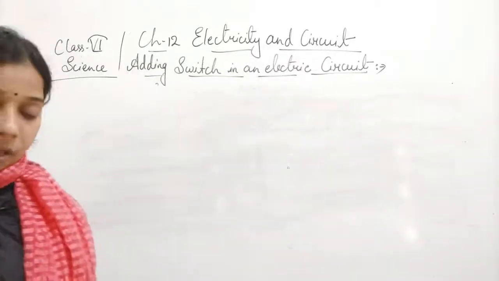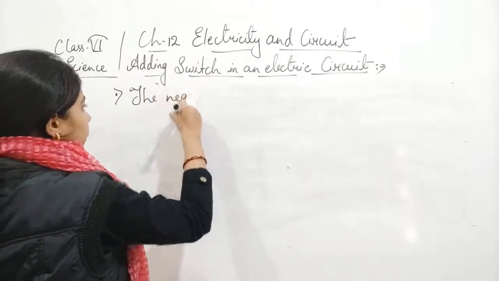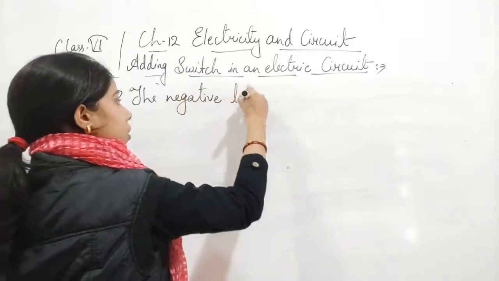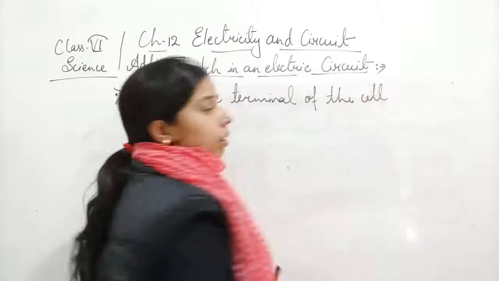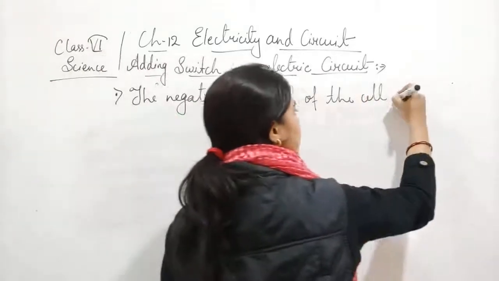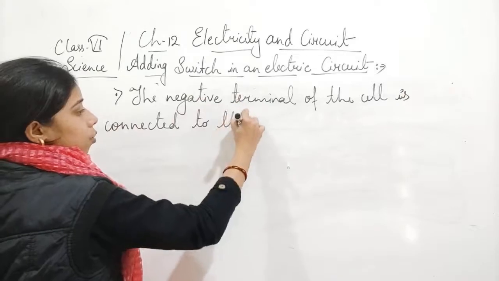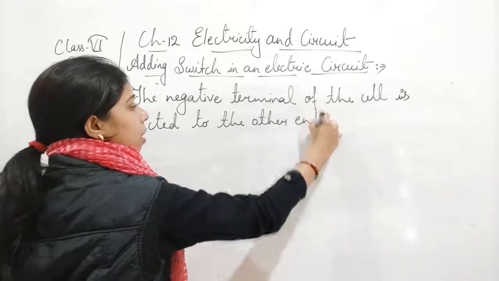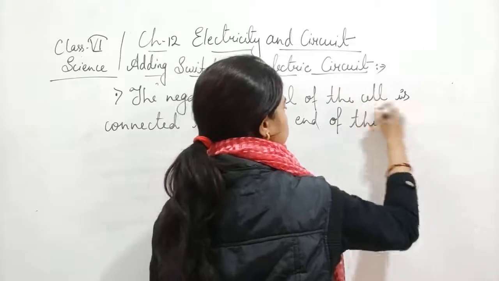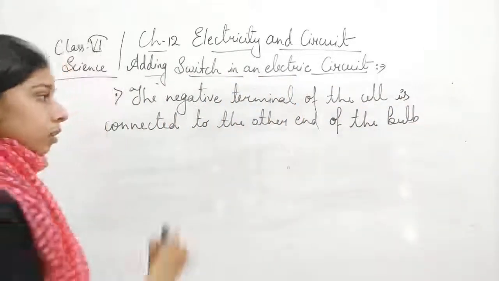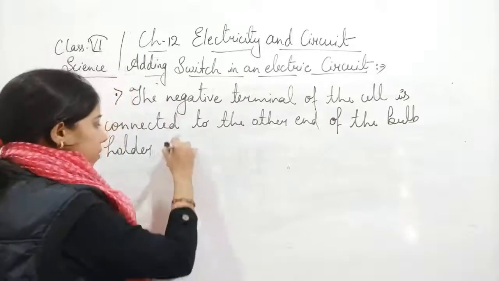Okay, so we can write it here: the negative terminal of the cell is connected to the other end of the bulb holder directly by means of the wire.